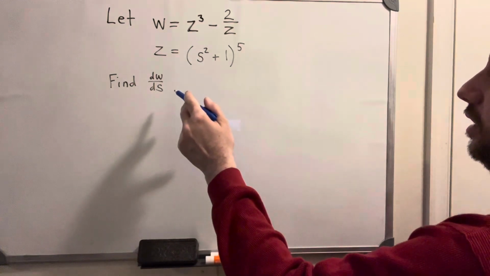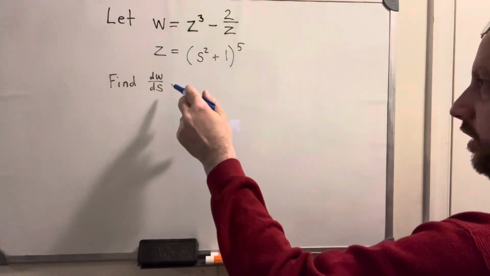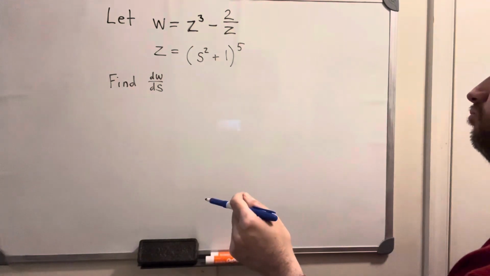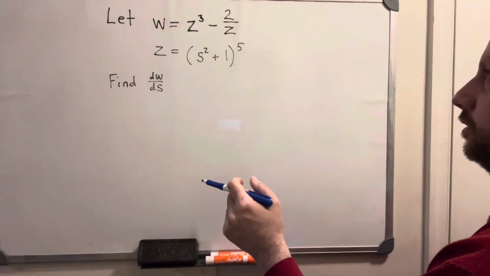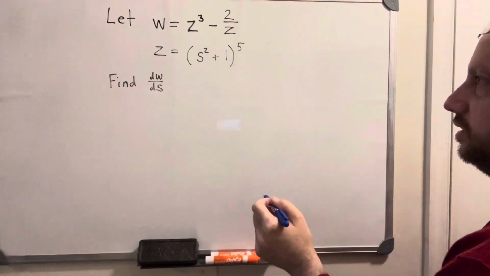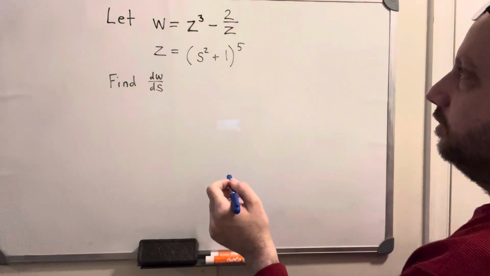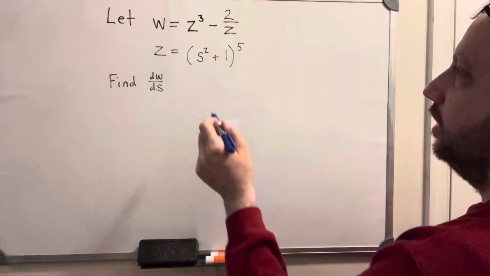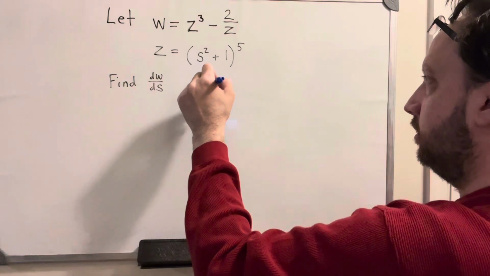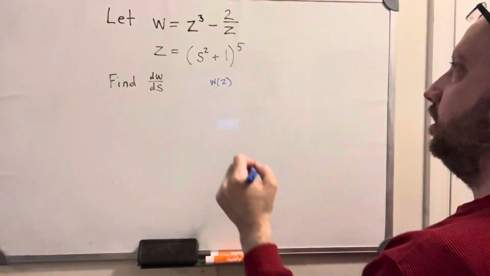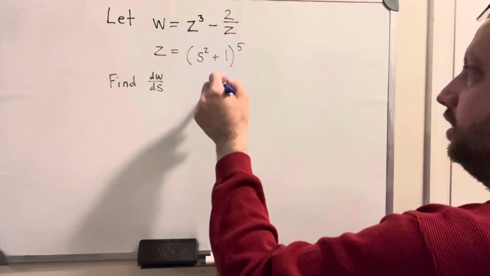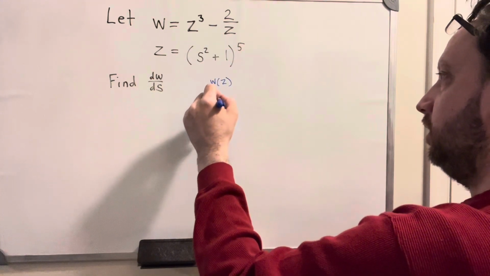So treating the derivative notation as if it were a ratio of differentials, what would you do with dw right here? Well, we know we have a function w of z. So if we took this derivative with respect to z, it would be dw/dz.